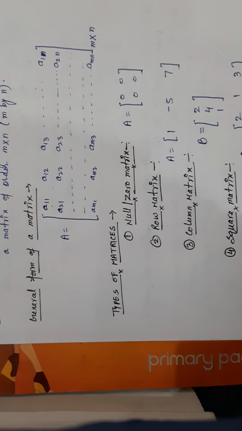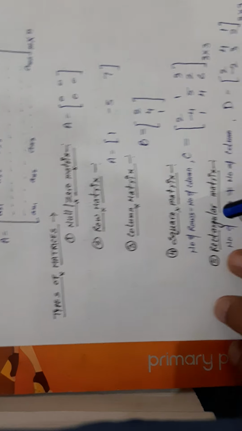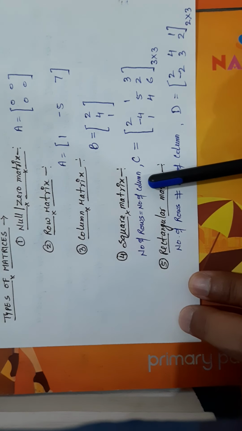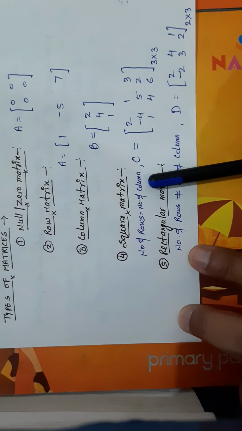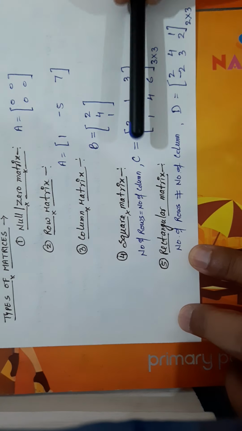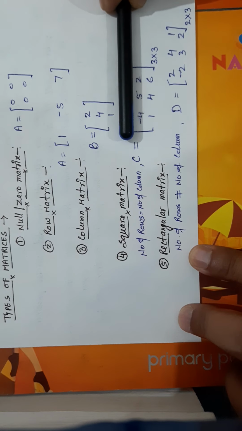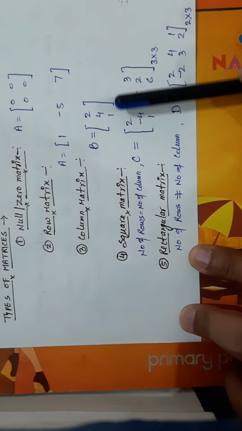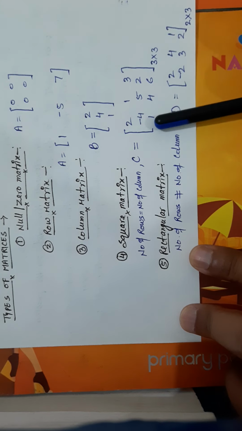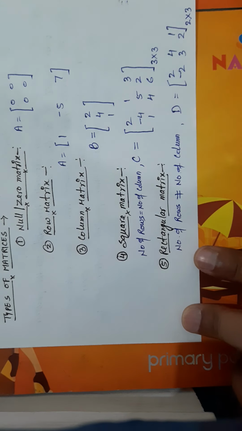Clear? Now, square matrix. If number of rows of a matrix is equal to number of columns, then it will be a square matrix. For example, in this matrix C, 3 rows are there and 3 columns are there. Number of rows is equal to number of columns. So this matrix is a square matrix.